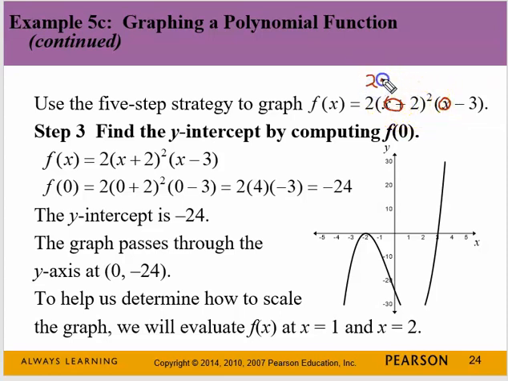This becomes 2 times 4 times a -3. We're going to get our y-intercept at 0, -24. So there's our -2 bouncing off. It crosses at -24, and it goes through at 3. Excellent. And let's continue.